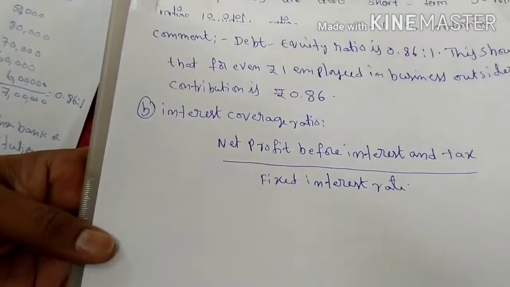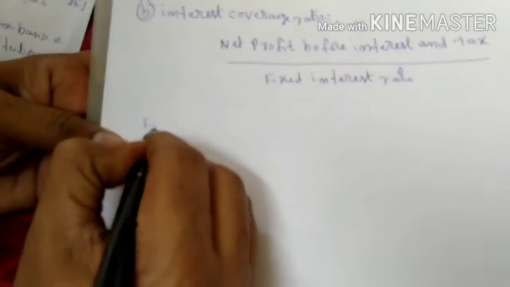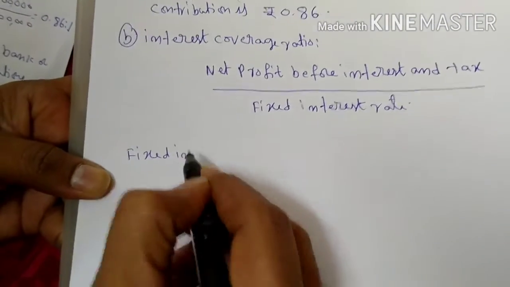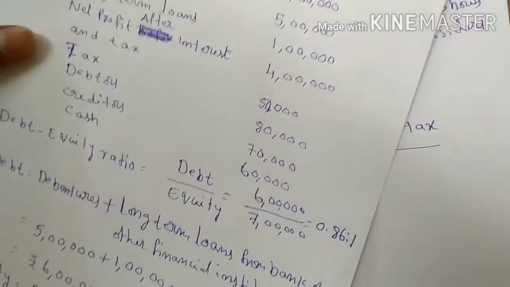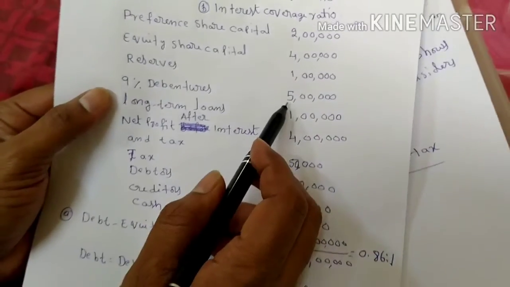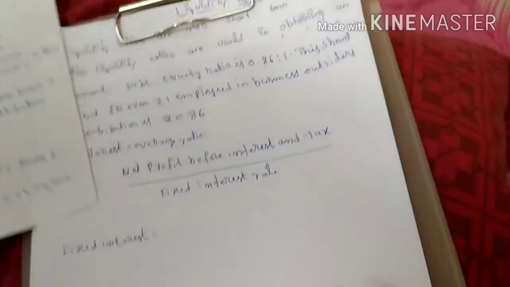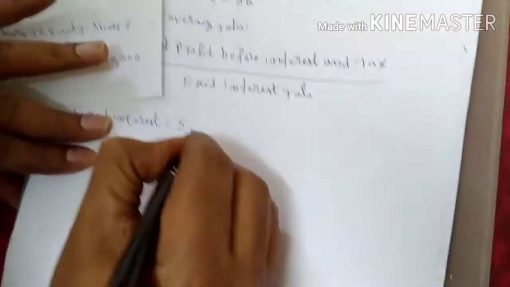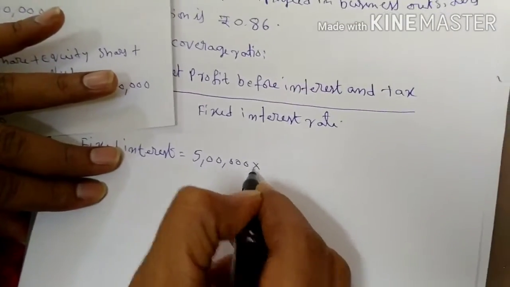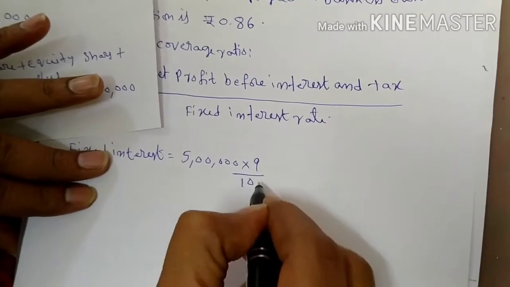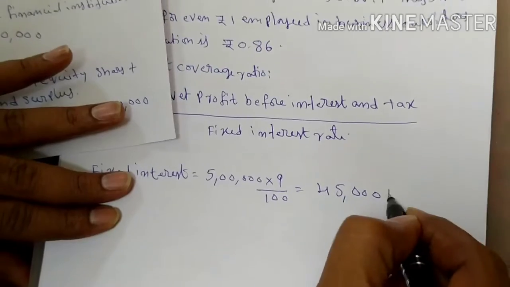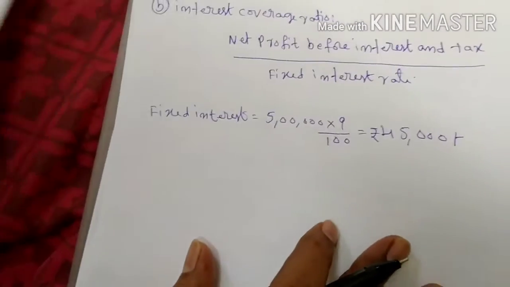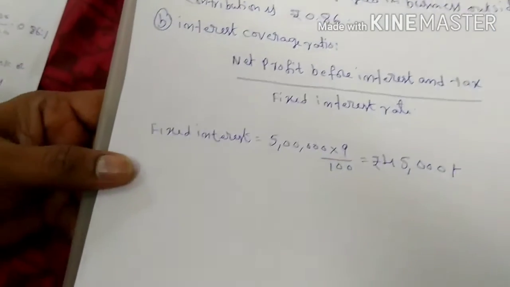First we will calculate the fixed interest. In our problem, 9% debentures of 5 lakhs is there, and this percentage we need to take. That is equal to 5 lakh rupees into 9 by 100, that is equal to 45,000 rupees.